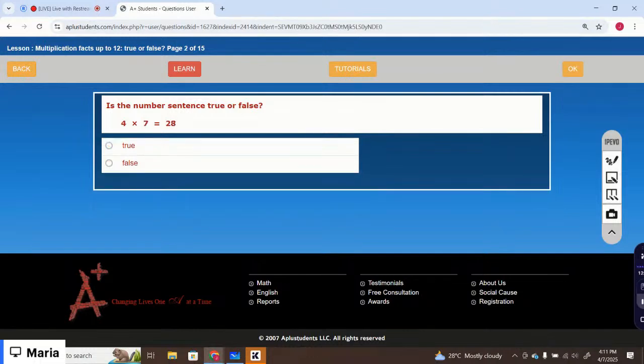Is the number sentence true or false? 4 times 7 equals 28. Is it true or false? Four times 7 is 28. True it is. Option number 1 is the correct option.